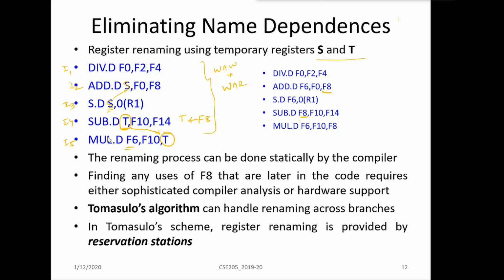True data dependence, we cannot do anything about. We only have to worry about anti-dependence and output dependence. To eliminate anti-dependence and output dependence, we need to go for register renaming. That's all. This is today's outcome also, you should know. So how do we avoid WAR and WAW hazards? It can be done with the help of register renaming.